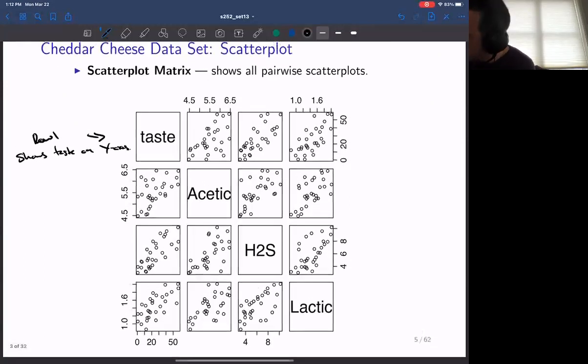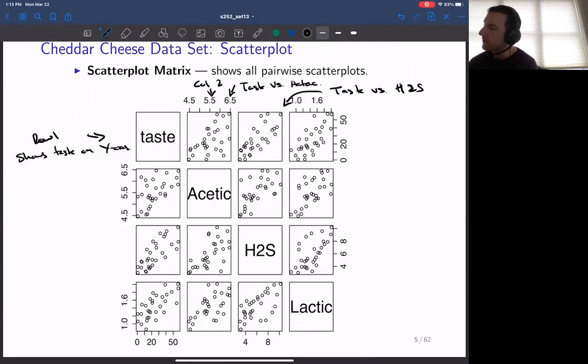Now in column 2, we have acidic on the x-axis. So the first scatter plot here is taste versus acidic, the same as the individual scatter plot for taste versus acidic.